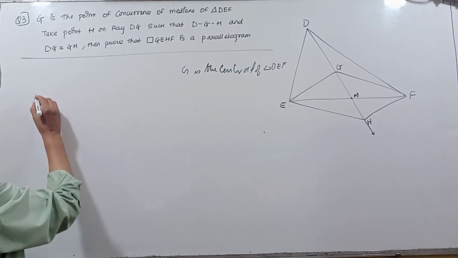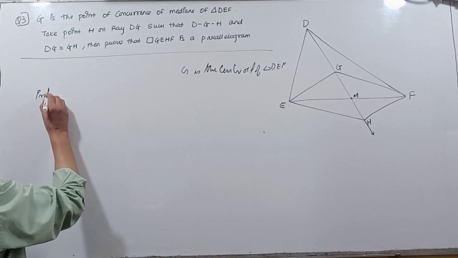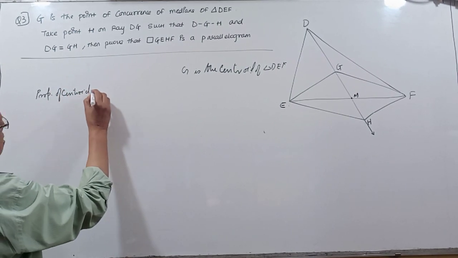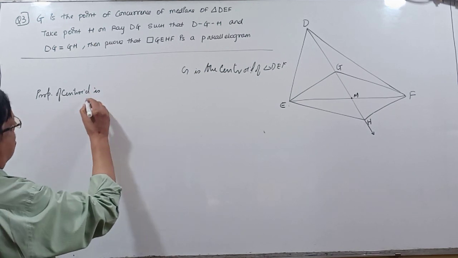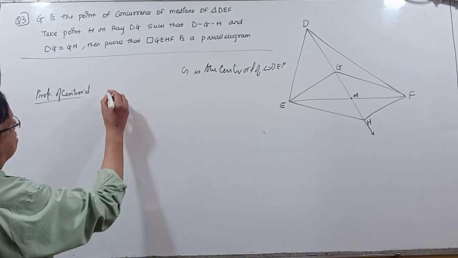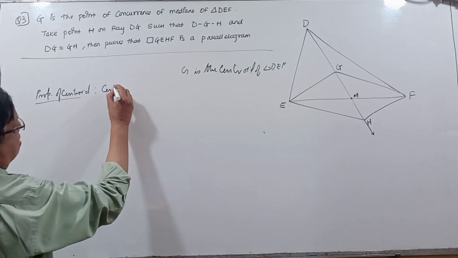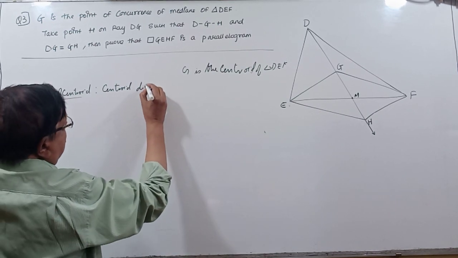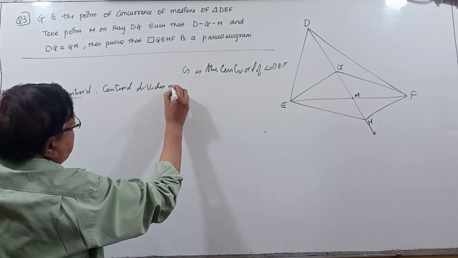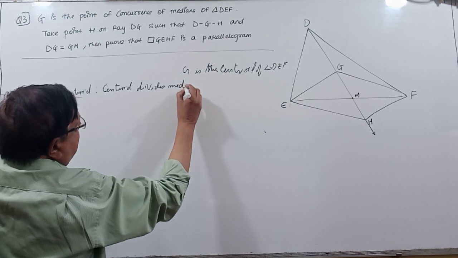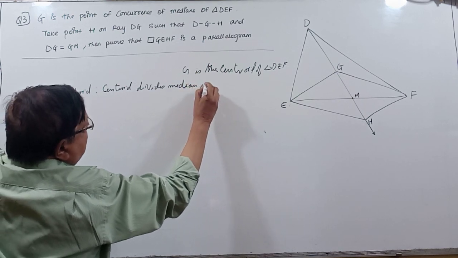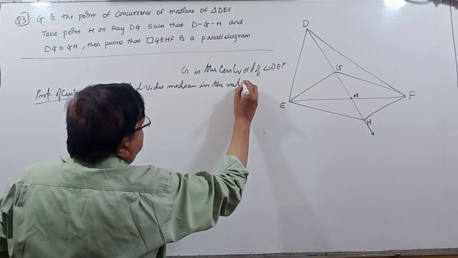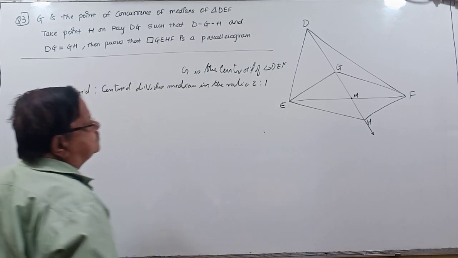Now, property of centroid. The property of centroid is: the centroid divides the median in the ratio 2 is to 1.